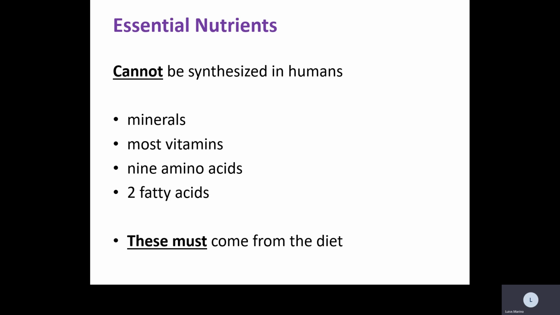So it's very important that individuals have sufficient fat in their diet, which for the most part is not difficult to do, but for some individuals this can be challenging, particularly, for example, infants or other individuals who are on special diets.